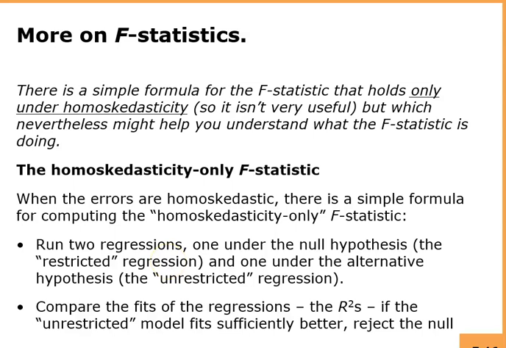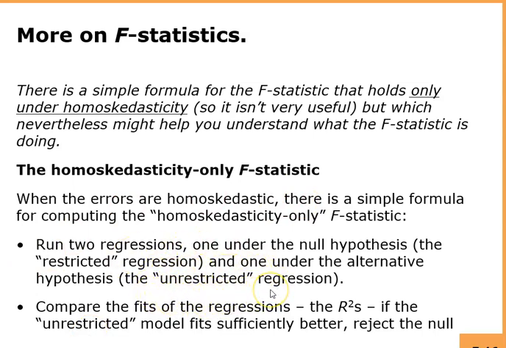The restricted regression does not include the regressors for which you are testing the coefficients in the joint null hypothesis. So for example, if your joint null hypothesis is that beta 1 is equal to 0 and beta 2 is equal to 0, the regressors which estimate beta 1 and beta 2 will not be included in the restricted regression, while in the unrestricted regression all of the regressors will be included.